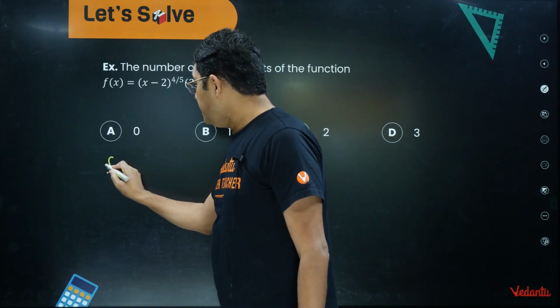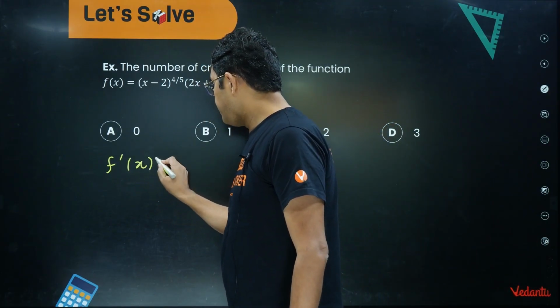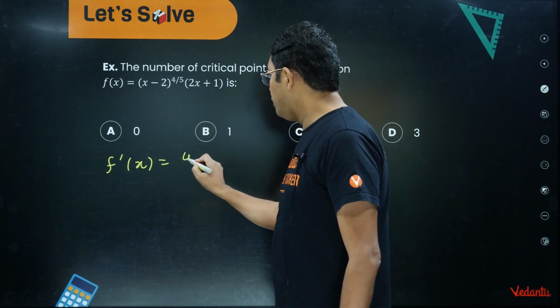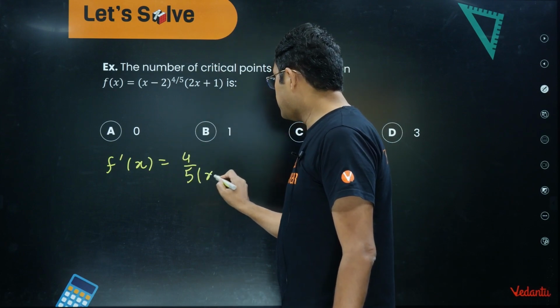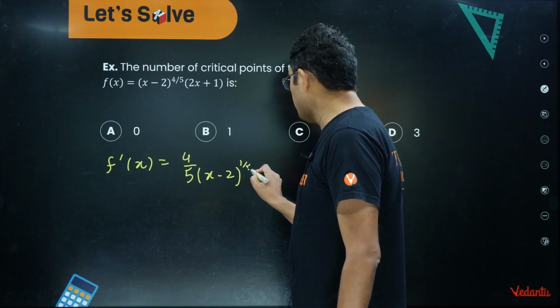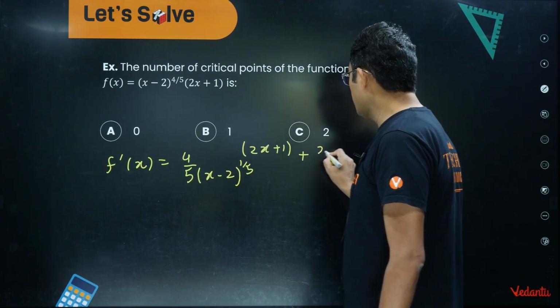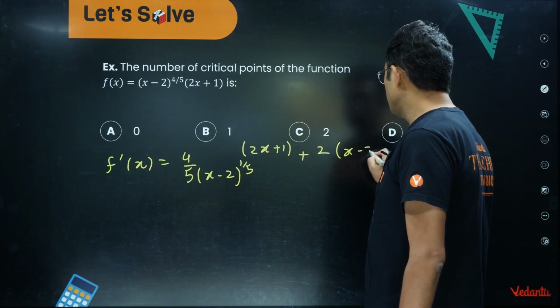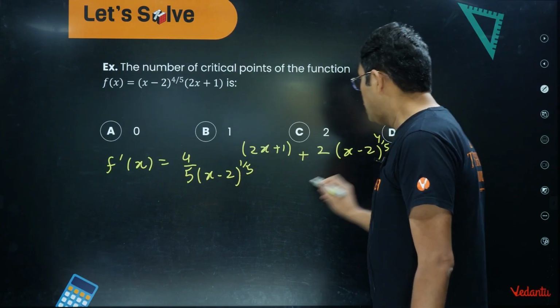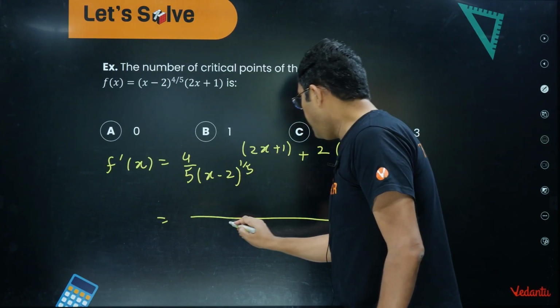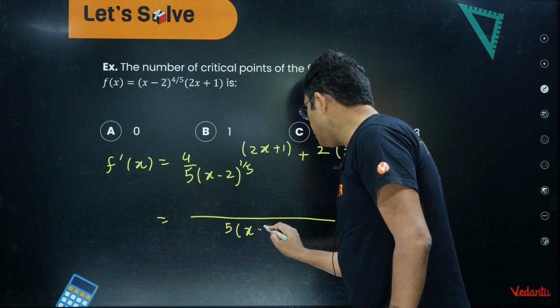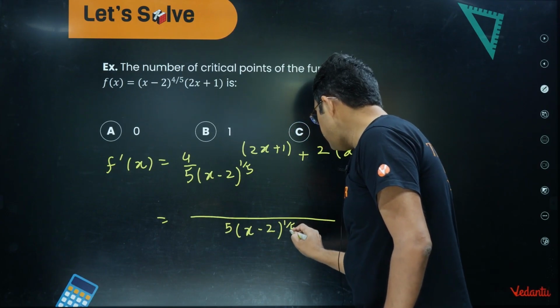So one method is that you just take the derivative f dash x, which will be 4 upon 5 (x minus 2) power 1 upon 5 into (2x plus 1) plus 2 into (x minus 2) whole power 4. So let's take 5 (x minus 2) power 1 by 5 as the LCM.